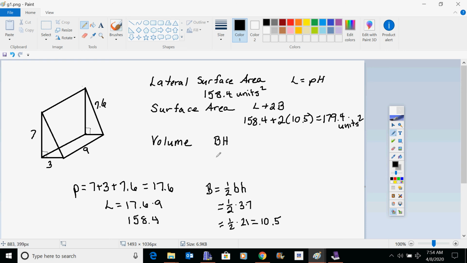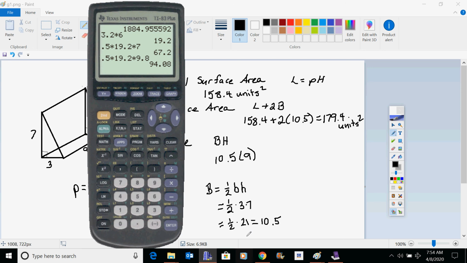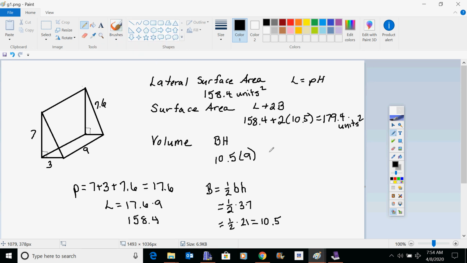So here you would have 10.5 times 9. Simple as that. 10.5 times 9 is 94.5. And this one would be in units cubed, cubic units, because it's how many cubes it would take to fill that up.